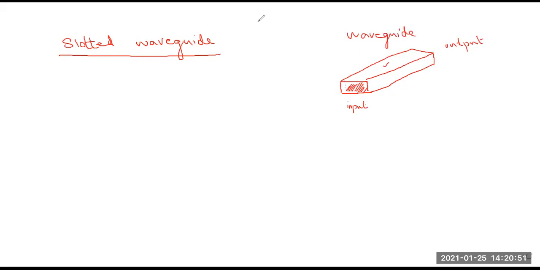Now we are talking about slotted waveguide. So what is the purpose of this slot? If I want to measure something which is traveling inside this waveguide, I cannot measure it because it is completely closed structure. But there is one device that we use, and that is having a slot at the top of the waveguide.